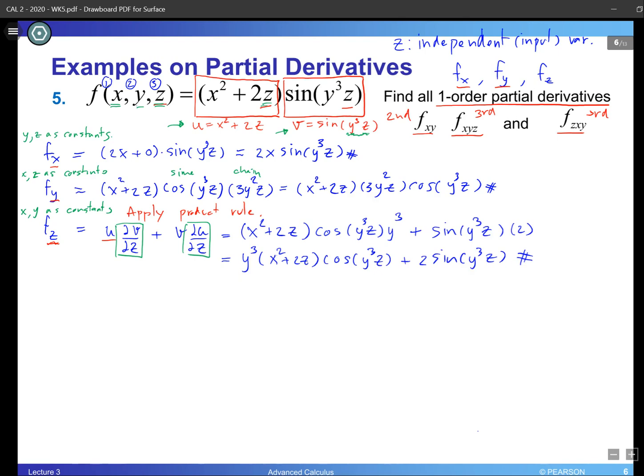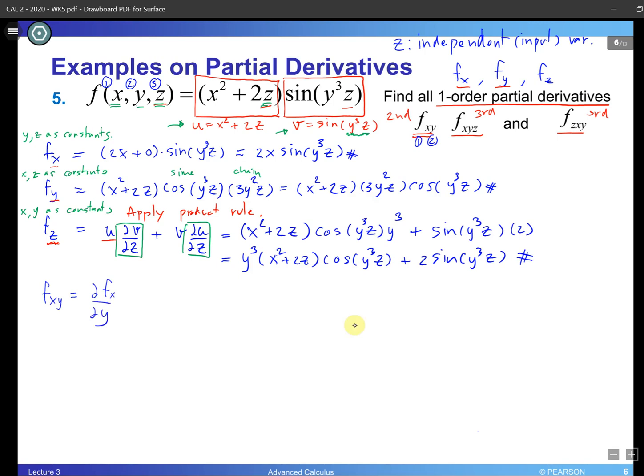So let's try the fourth one, which is the second order partial derivative with respect to x first and then to y. Alright, take a look here. We know the order. X has to happen first and then y later, which means that in order to find this f with respect to x and y, we are supposed to differentiate fx with respect to y.